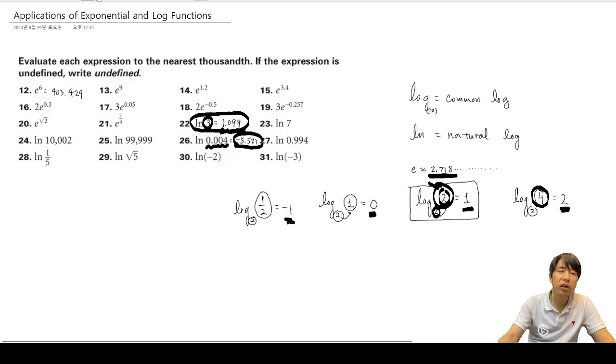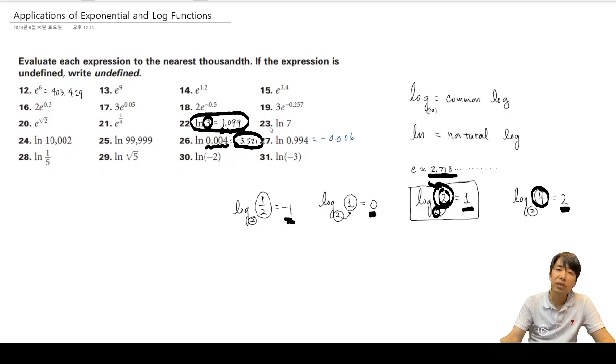Looking at 27, the number 0.994 is less than 2.7, so you'll get a number less than 1. You know from the start that it's going to be less than 1, so if you get a number greater than 1, you did something wrong. ln 0.994 is negative 0.006.